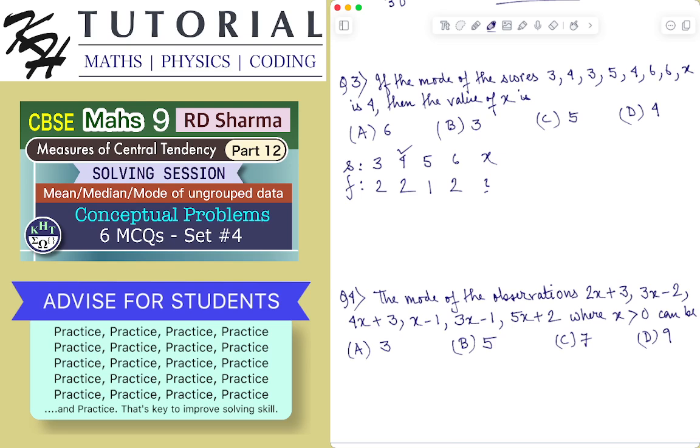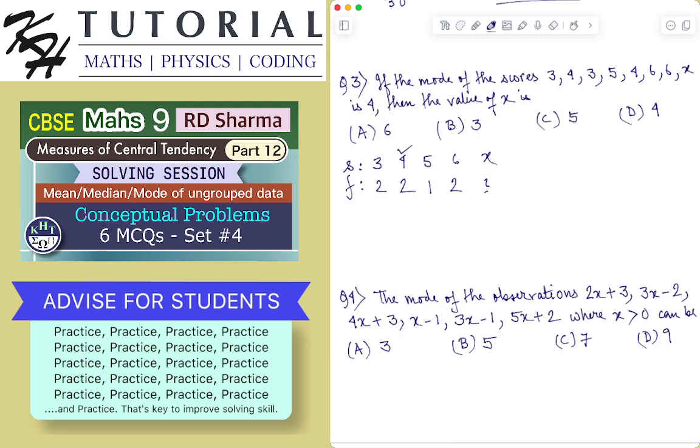Now if the value of x is 5, then the frequency of 5 will be 2, and there will be 4 modes, 3, 4, 5, 6, all will be modes. No. If the value of x is 4, then you will see that the frequency of 4 will be 3 and the mode will be 4.